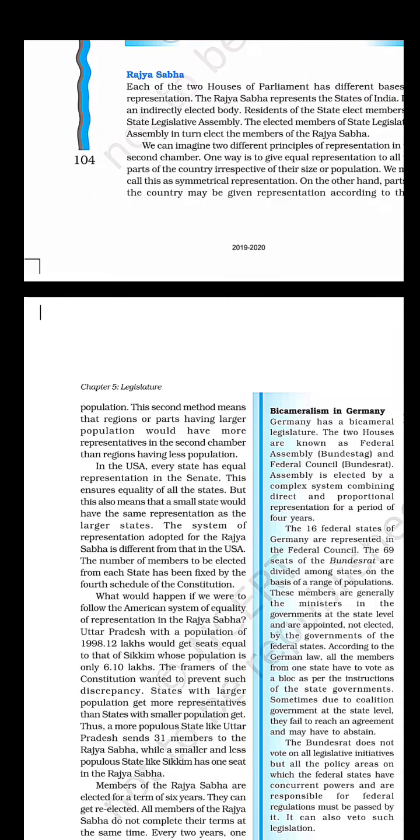This second method means that a region having larger population would have more representatives in the second chamber than a region having less population. Clear? Where there is less population, the members of that state will be less.